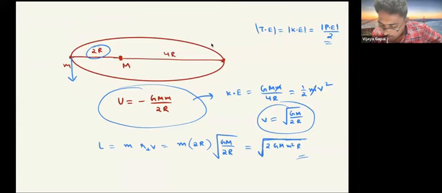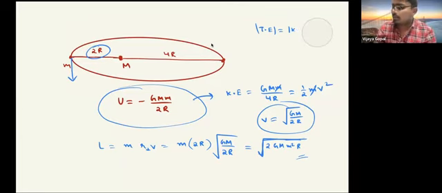Angular momentum of the Earth is... One second. V max, V minimum. What are the things they are asking? It's minimum speed, maximum speed. Okay, one second. My bad.